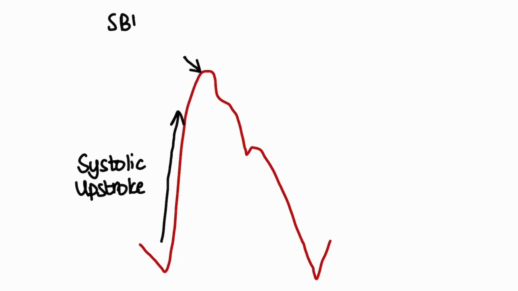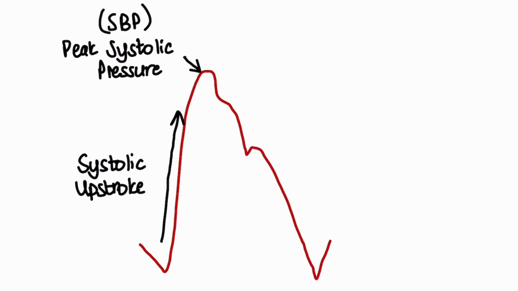It's going to culminate in a peak, and we call that very top of the wave the SBP, systolic blood pressure, and it's the peak, and that's going to be the 120 or whatever your patient's is, the highest part of your blood pressure.